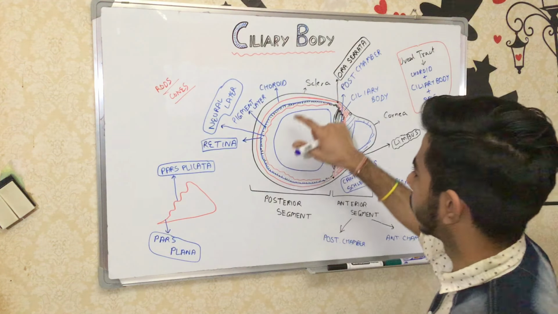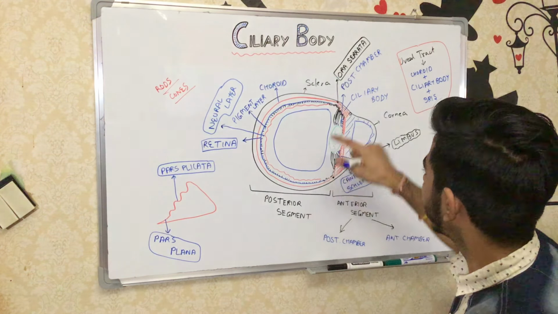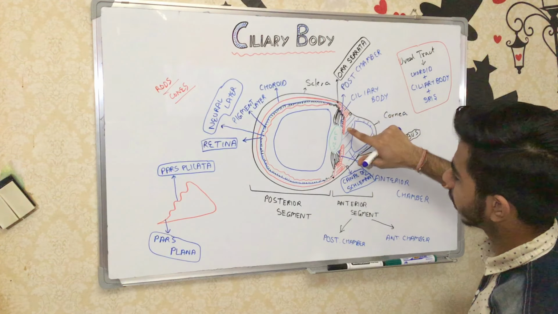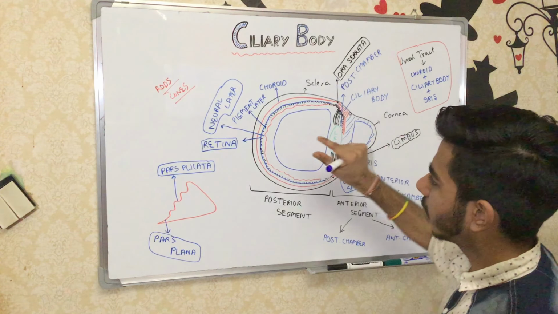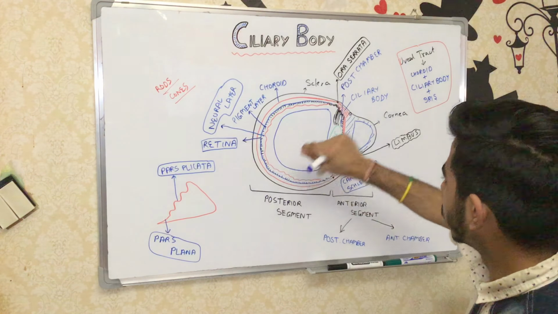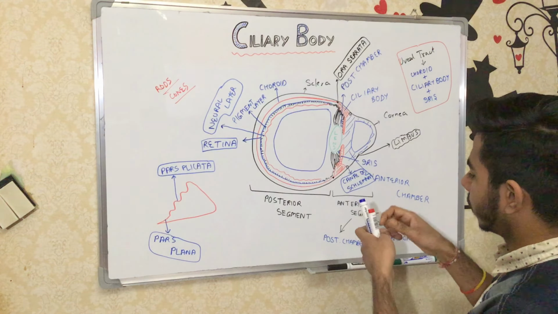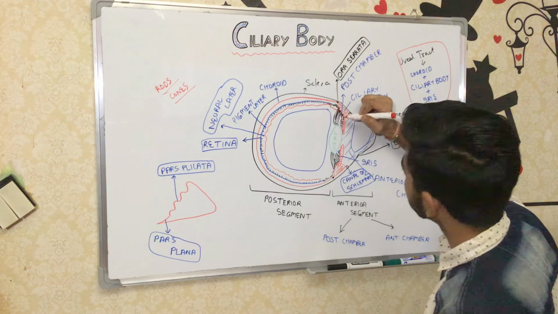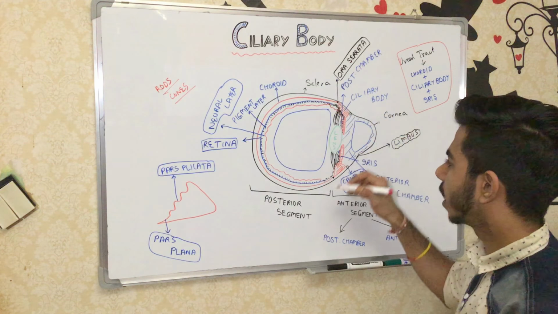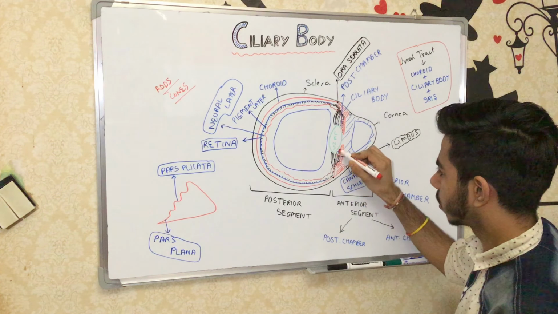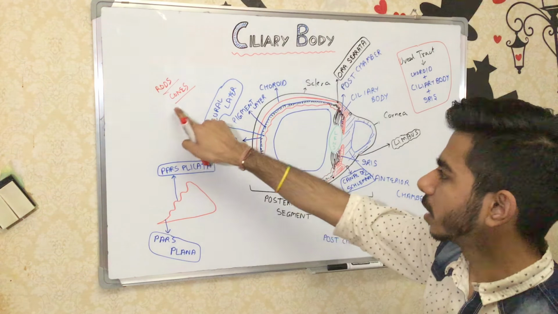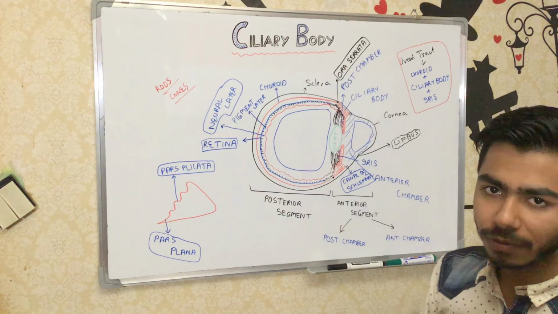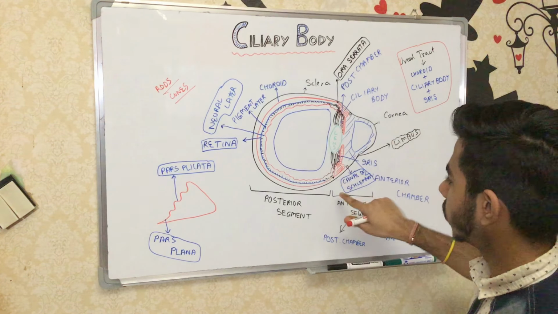Now, as far as the pigment layer of the retina is concerned, it is present beneath or beside the ciliary body as well as the iris on both the sides. As far as the neural layer is concerned, for example this was the neural layer with the red color, it is also present beside the ciliary body and the iris on both the sides, of course. But the thing is, rod and cone cells are not present beside the ciliary body and the iris, which means they are just innervating the structures till the ora serrata on both the sides.